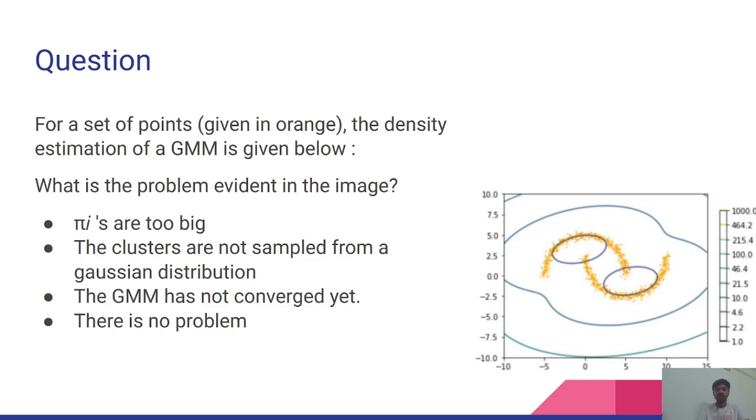The first option is that pi 1 is too big. Okay, so pi 1 means the probability of belonging to a cluster, so that is too big. Then, clusters are not sampled from a Gaussian distribution, and the third option is GMM has not converged yet. So if we train it for longer, then it will be able to learn better.